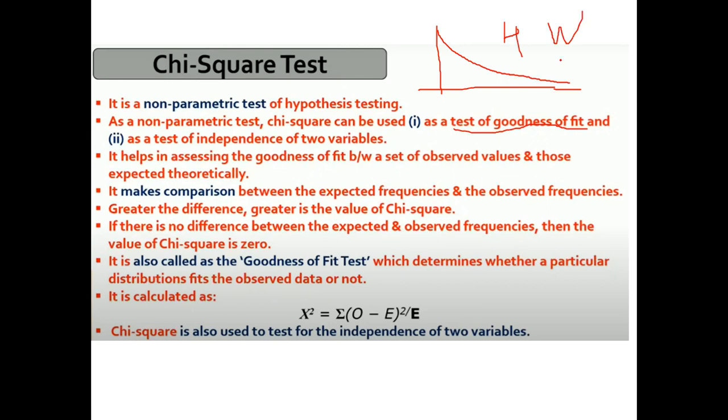Or whenever you do an experiment, you calculate pressure, temperature and volume. You want to check whether pressure is related to temperature or not, height is related to weight or not. When you want to check whether they are dependent or independent, you will use this non-parametric test, the chi-square test.